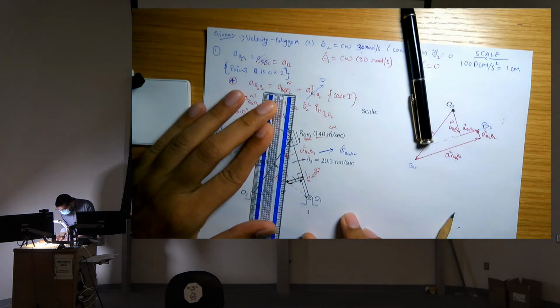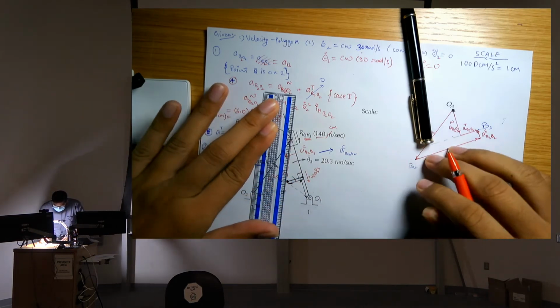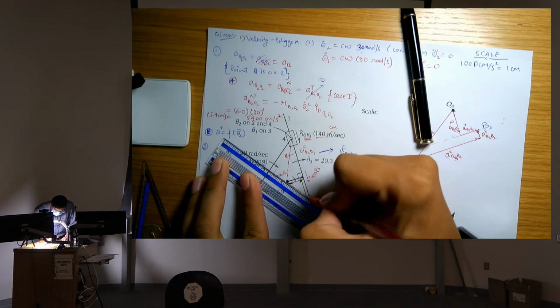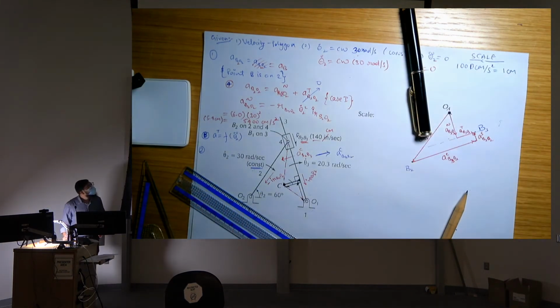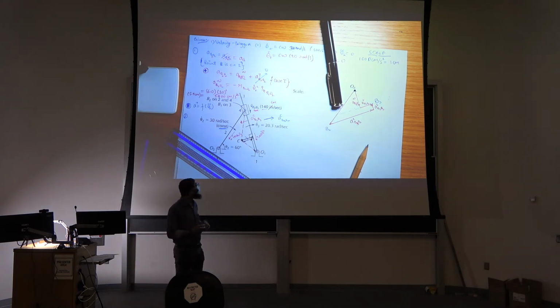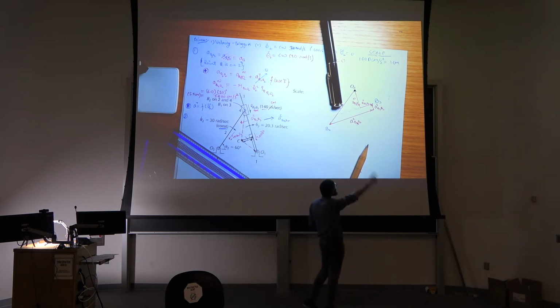So all the dotted lines are hypothetical, imaginary. Everything is in mind. The dotted thing on paper is what's happening in the mind. Okay, so now you can see the dotted triangle. This is an extension or a hypothetical link that we have created so that we can assume B3, O3 and C are on the same link. Now it looks like a triangular link in a hypothetical manner, and we have to translate this triangle onto our acceleration polygon.